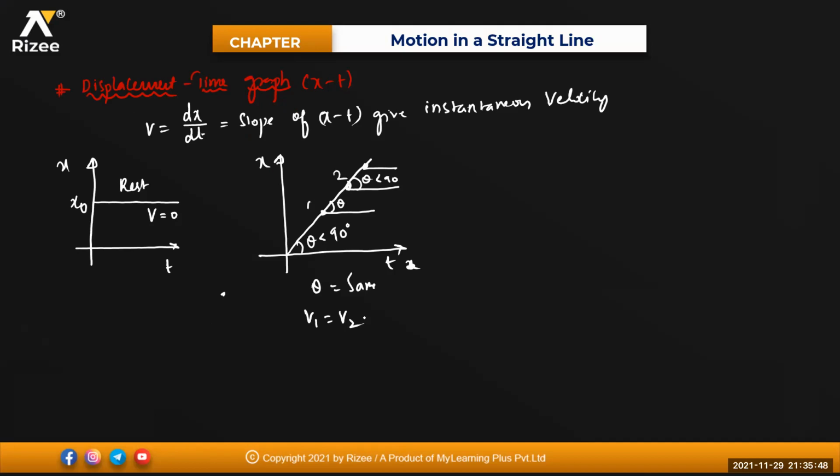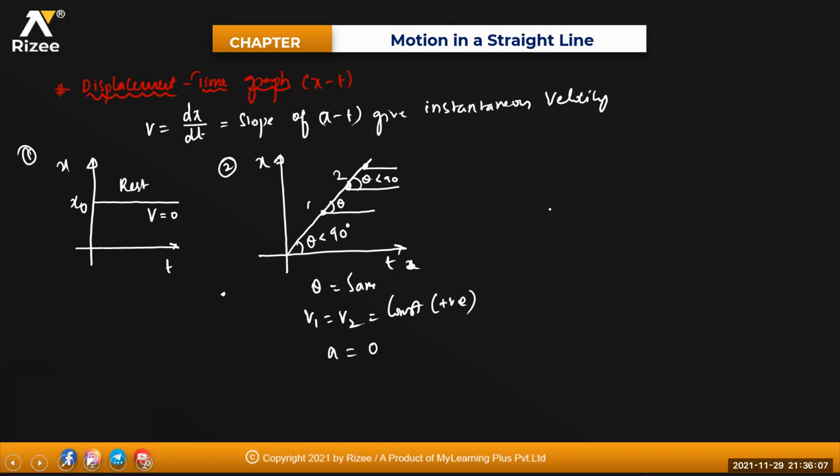Okay, so V1 will be equal to V2. That means velocity is constant for me. So acceleration will become how much? 0. Isn't it? Velocity is constant and it is also positive because the slope angle is less than 90 degrees. Clear?